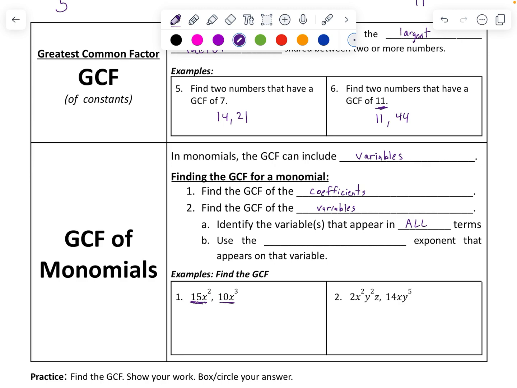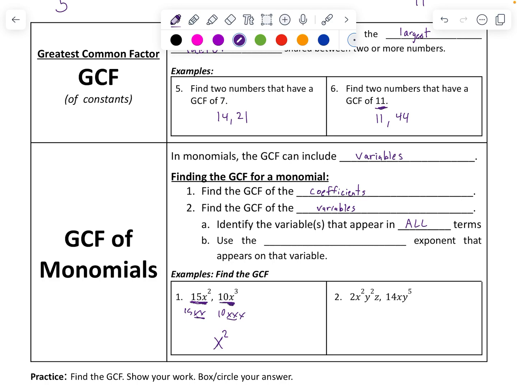Each of those has at least two x's in them, because this is really 15 times x times x, and this is really 10 times x times x times x. So they share two of the x's. And because they share two x's, x squared is a common factor. If you think about it in another way, x squared is part of the first term, and if I multiply x squared times another x, I would get x to the third, so x squared is also a factor of x to the third.